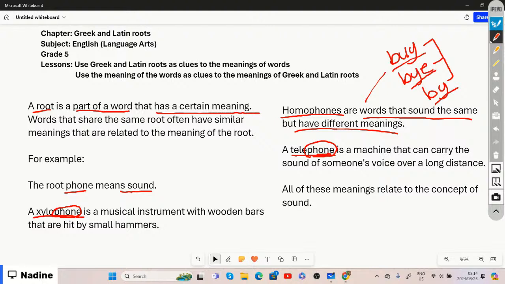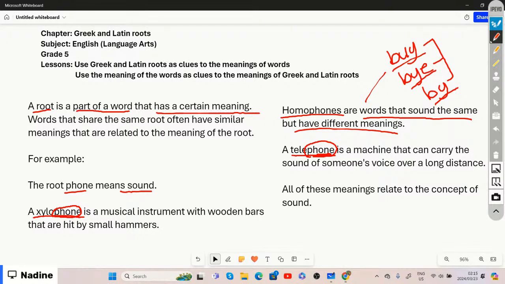Then we have the word telephone, and a telephone is a machine that can carry the sound of someone's voice over a long distance. So the root word has a certain meaning, and our root word that we are currently talking about is phone. The meaning of this root word is sound.